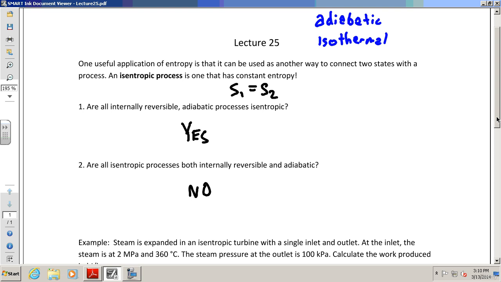So isentropic, assuming it's isentropic, does not mean it's some pie-in-the-sky concept that never could happen, okay? Isentropic processes can really happen with real processes, okay? Because you can lose the heat, but also have some internal entropy generation, okay? So this is okay. It's not unrealistic. So some isentropic processes may be irreversible and non-adiabatic, okay? So that's good. That means you can actually use this practically.